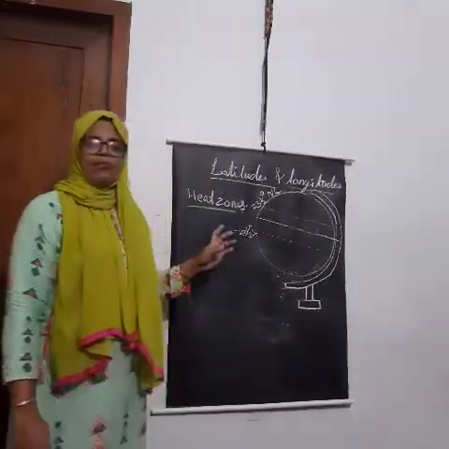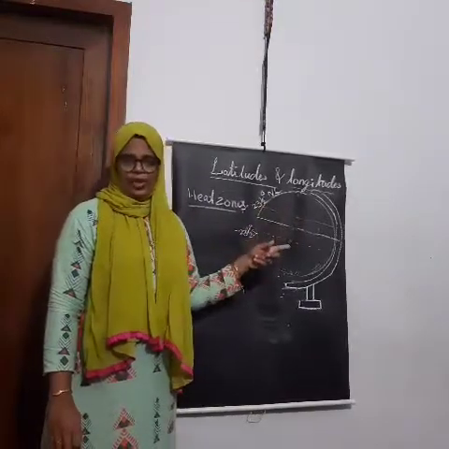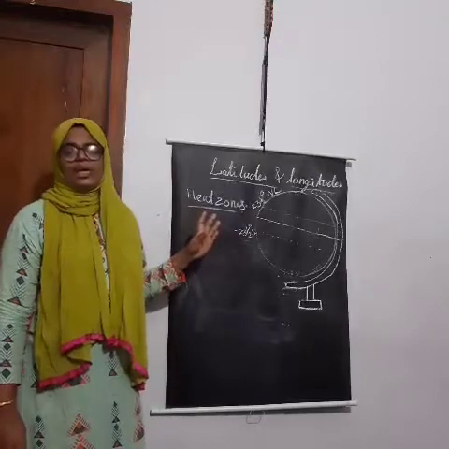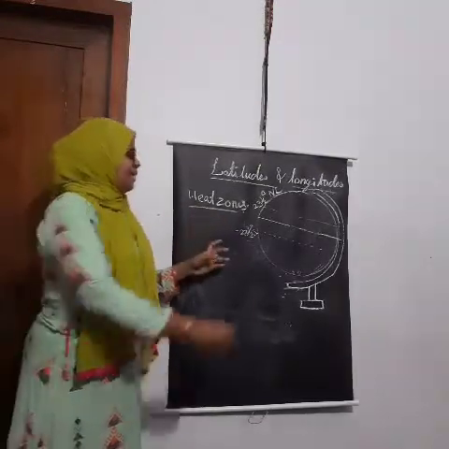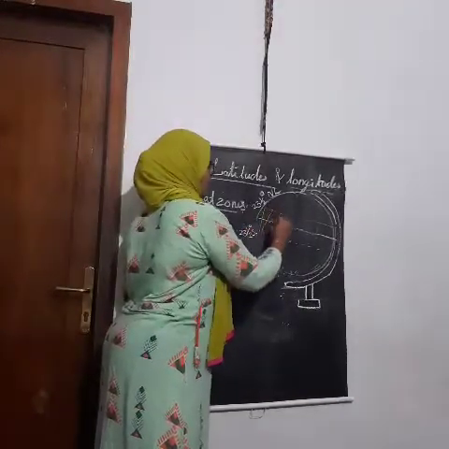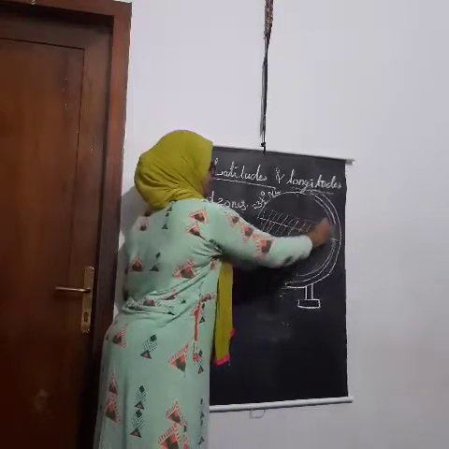So listen very carefully: 23.5 degree north latitude and minus 23.5 degree south latitude. These are very important latitudes, and this area will be so hot. More heat will be experienced by the animals and plants.